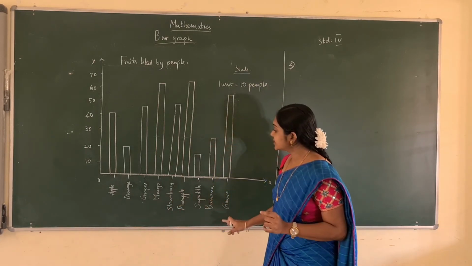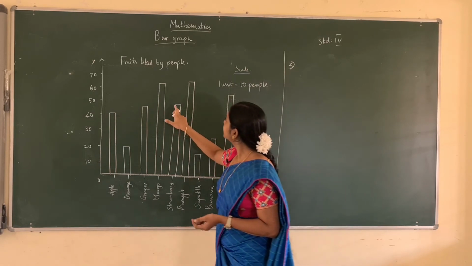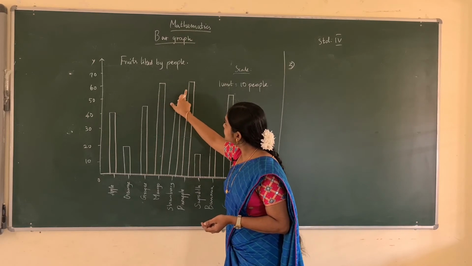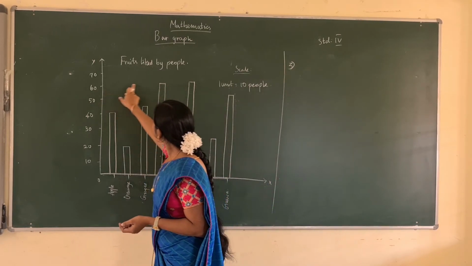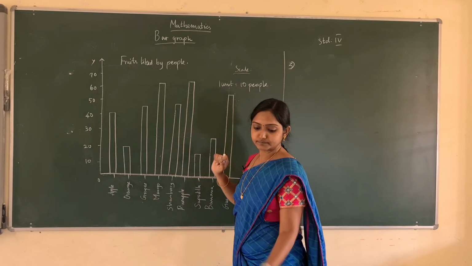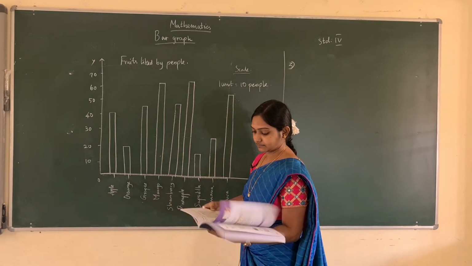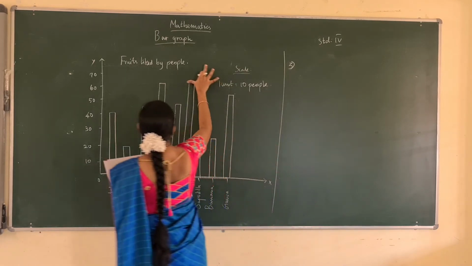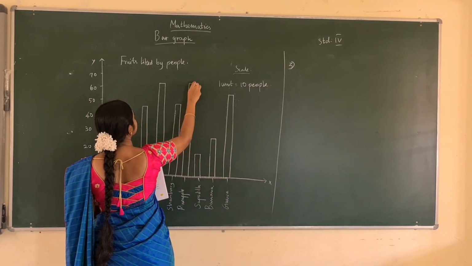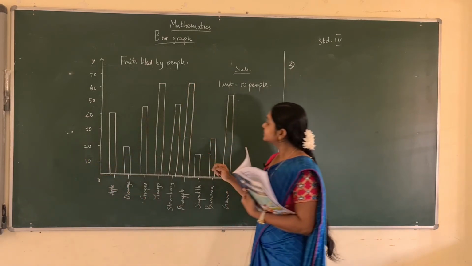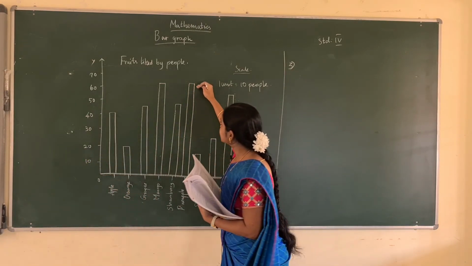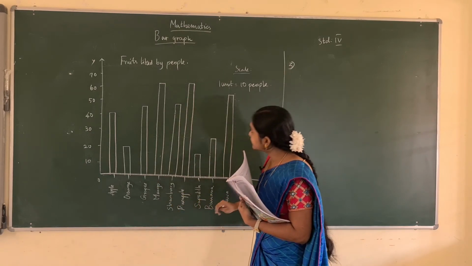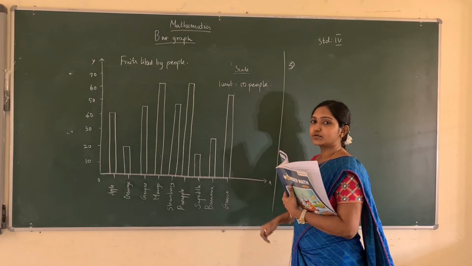The first information: these both have the same value, that is 60. Both have the same value, 60, and they are the maximum. So we can say that mango and pineapple are the fruits that are liked by most of the people.